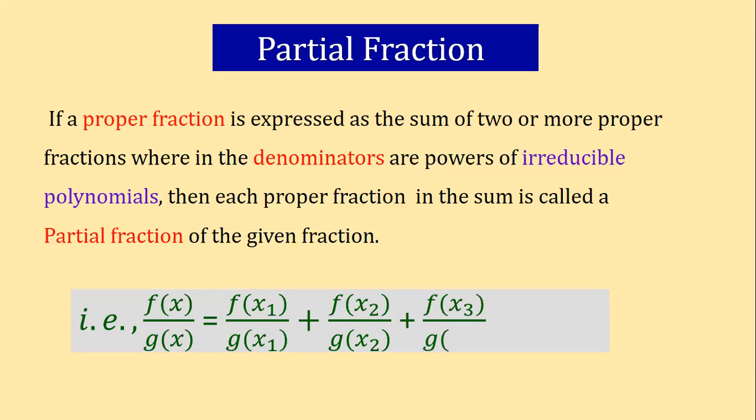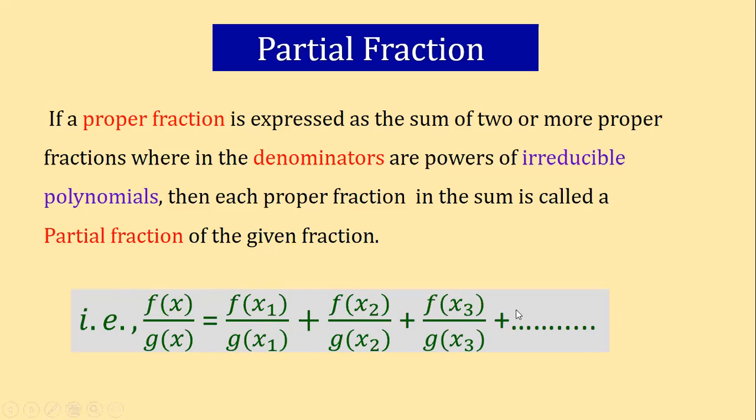So f of x by g of x is a proper fraction which is split into f of x1 by g of x1 plus f of x2 by g of x2 plus f of x3 by g of x3 plus so on. You can write it as a sum of any number of fractions. So that means what here?